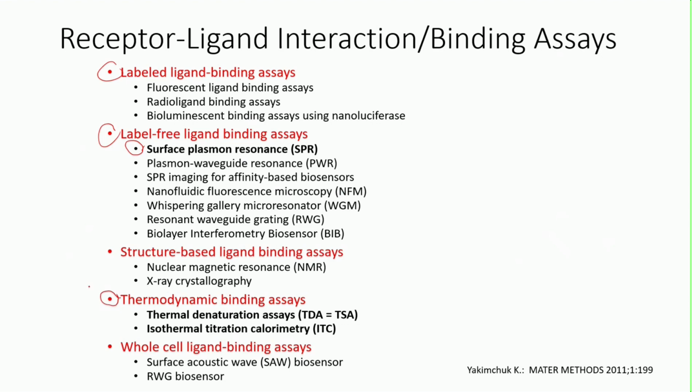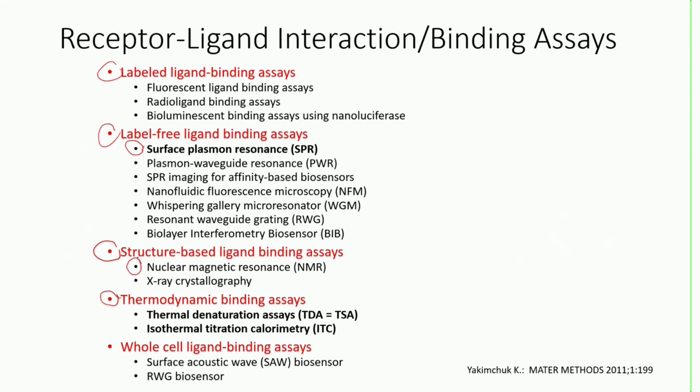The other 2 methods belong to thermodynamic binding assays, and it's the thermal denaturation assay and so-called isothermal titration calorimetry. Apart from these 3 methods, we have already mentioned the structure-based ligand binding assays in the last lecture, and maybe you will hear about them in some of the following lectures.